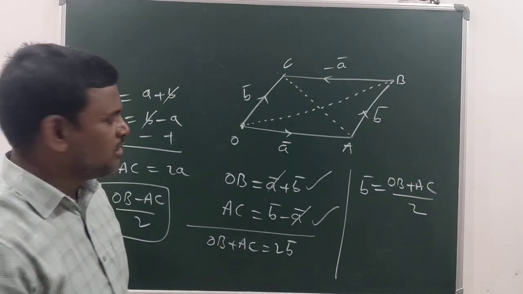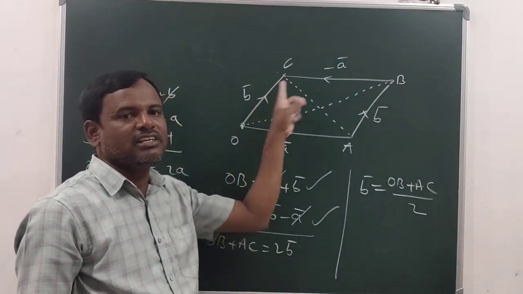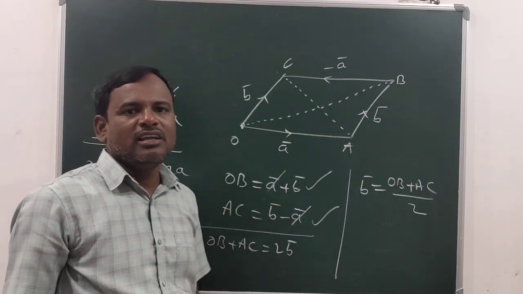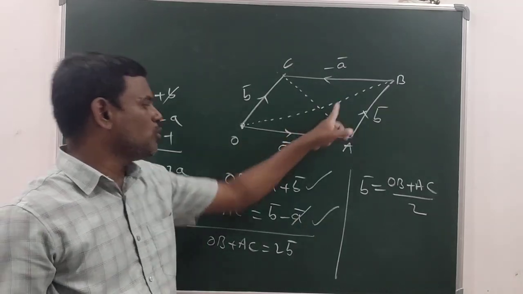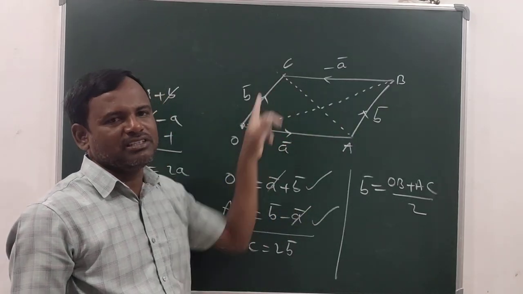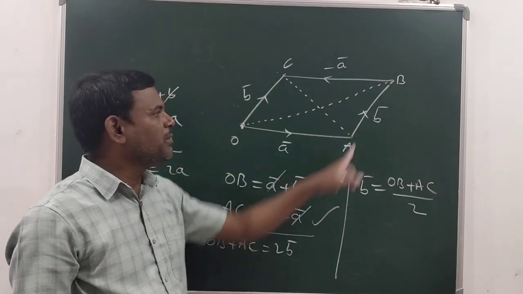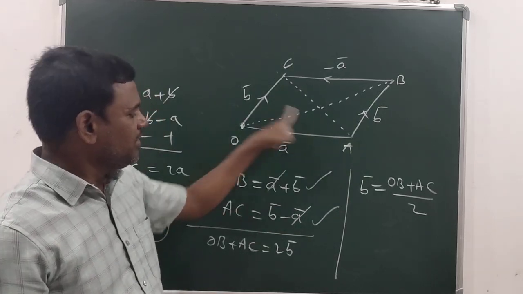Okay students, here two types of questions can be expected. Whenever the adjacent sides of the parallelogram are given and you are asked to find the vectors of the diagonals, in such a case simply you have to add A plus B and B minus A. If you add A plus B, you will get OB vector. If you go for B minus A, you will get AC vector.